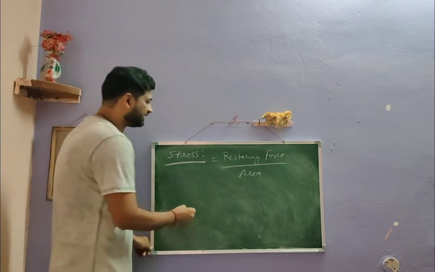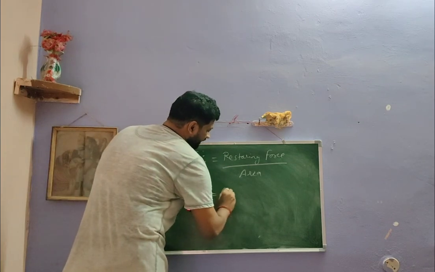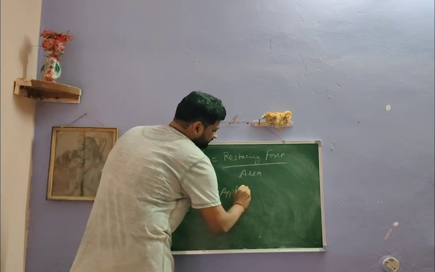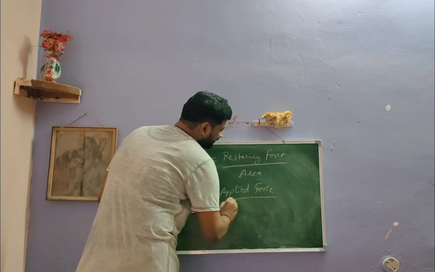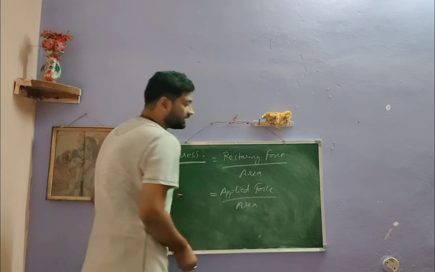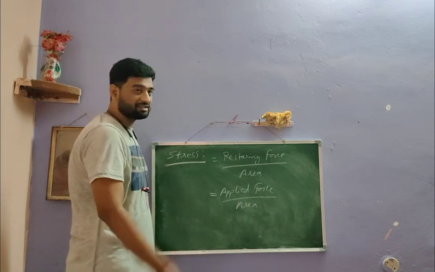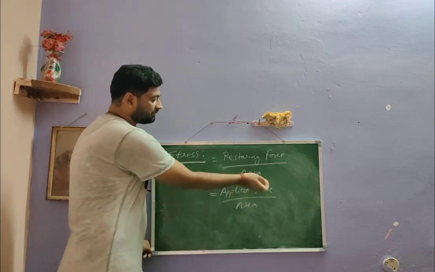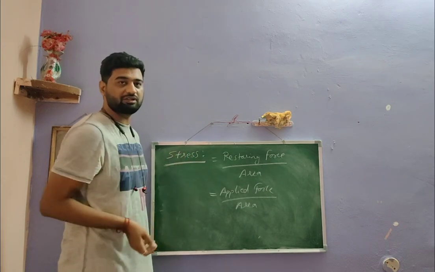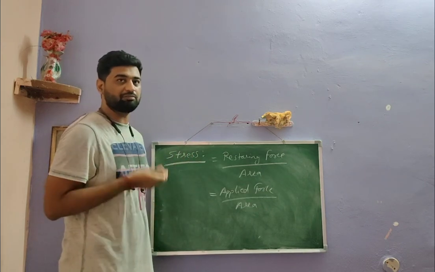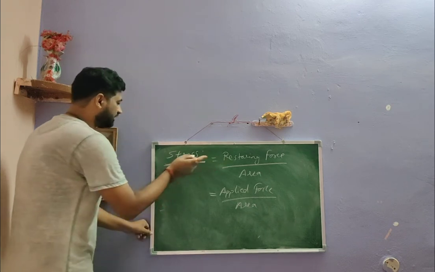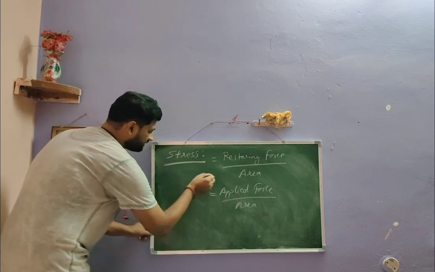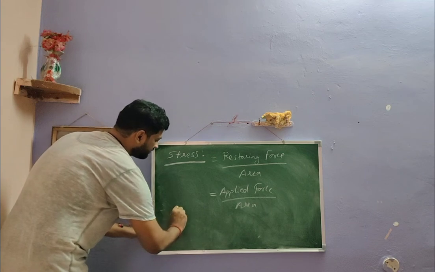Or you can say that applied force per unit area is known as stress, because applied force and restoring force are equal in magnitude but opposite in direction. Now there are two kinds of stress we are going to discuss today.